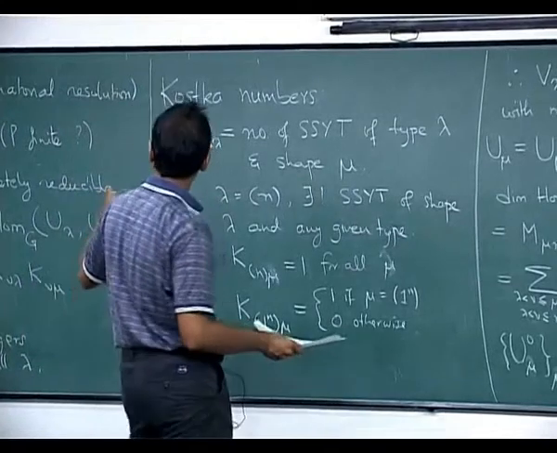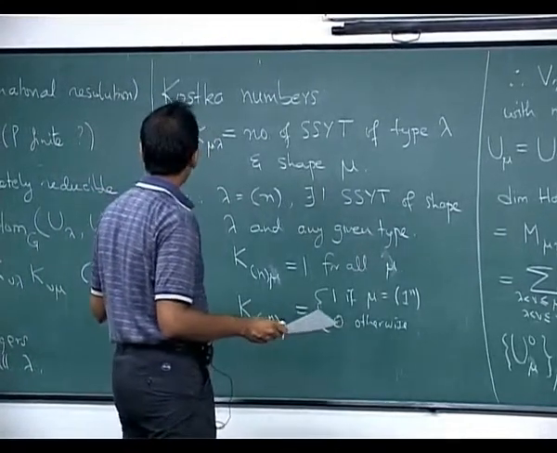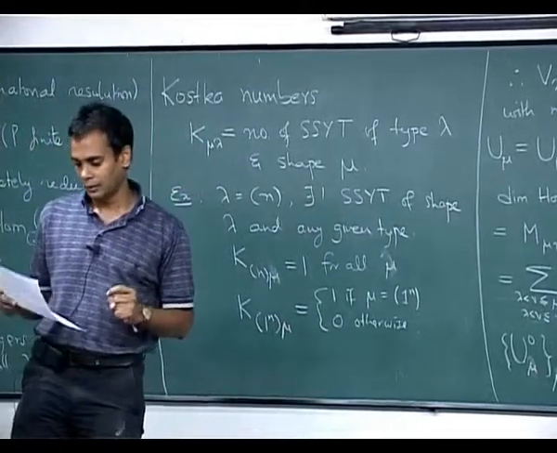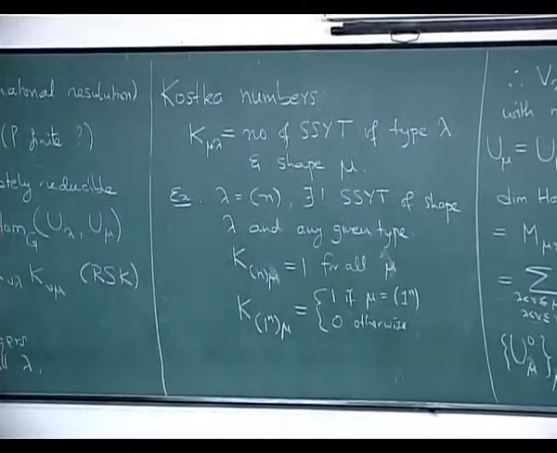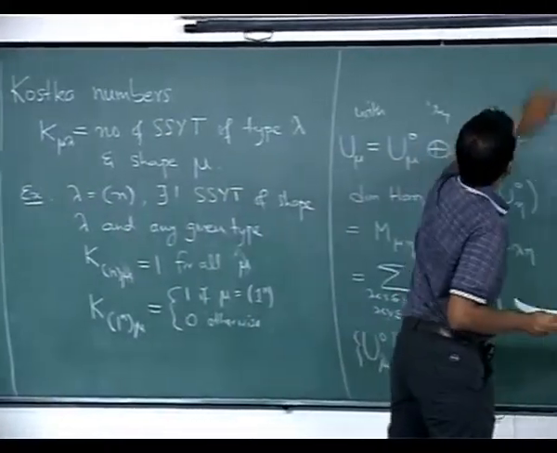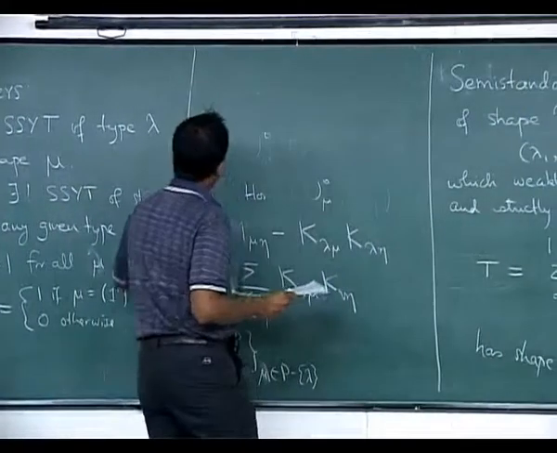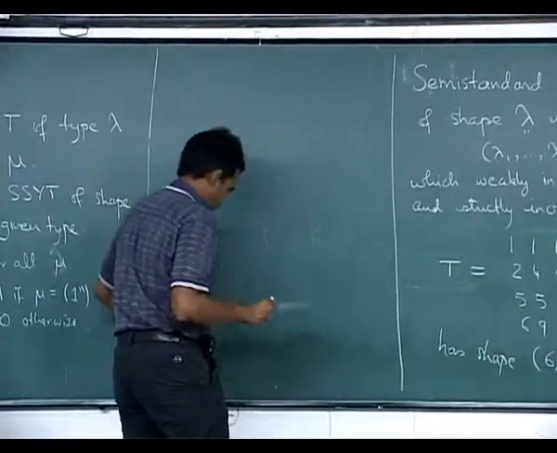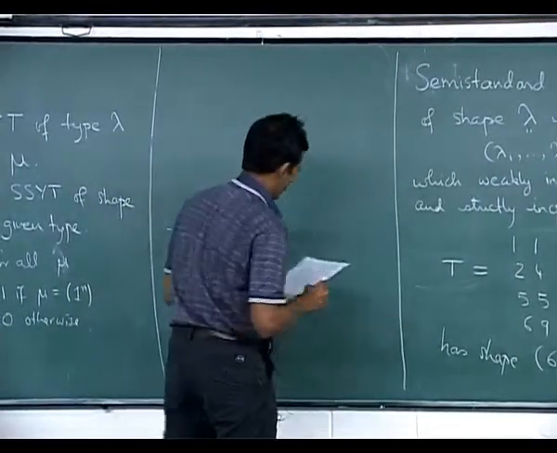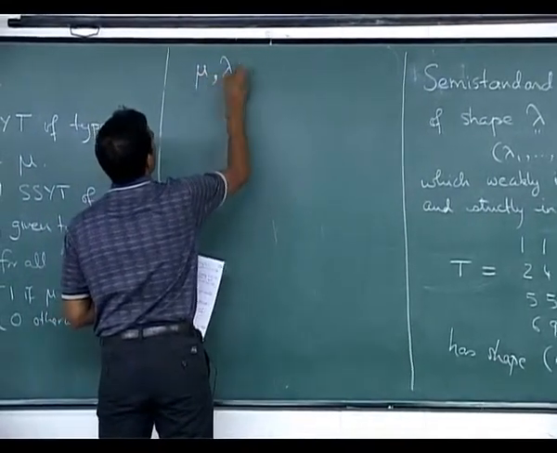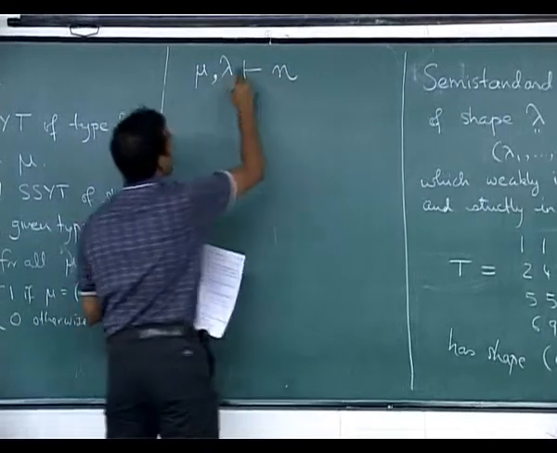In this theorem, there is another ingredient. It is this partial order on the set P. Let us see how that comes into the picture. Suppose mu and lambda are both partitions of n.